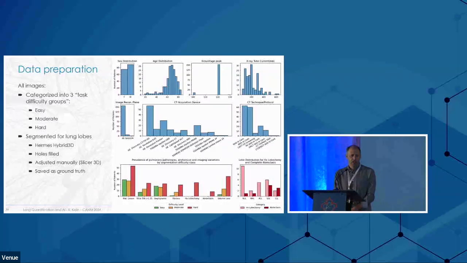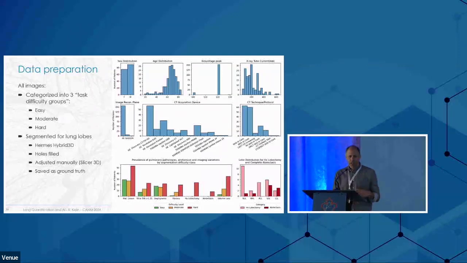Almost all of the CTs were acquired with 120 keV, but the currents varied widely, as would be expected with patient habitus and technologies. Most of the image reconstructions were done in the axial plane, but some of them were done in the sagittal plane. And then you can see a wide range of cameras that these CTs came from. Some of them from within our hospital, some even from outside of our hospital.